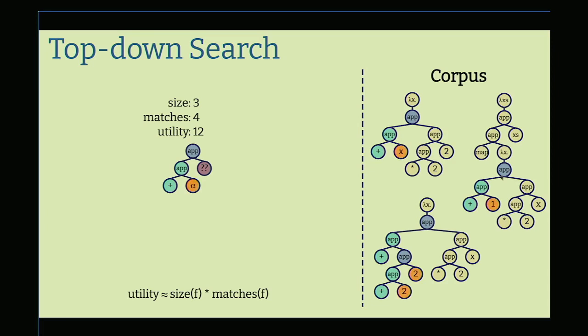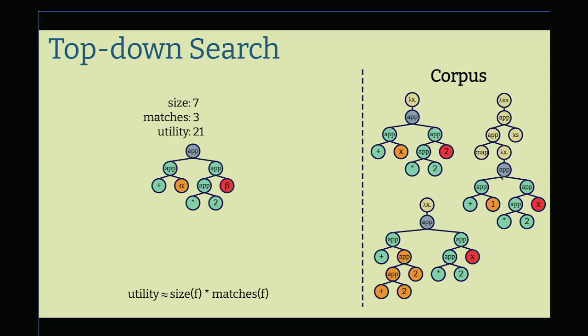So the search problem here is really balancing this trade-off: the goal is to grow the abstraction as much as possible while still matching in as many places as possible. You could approach this through a naive top-down search, just enumerating everything, but that's going to end up being about as slow as DreamCoder was in the first place.